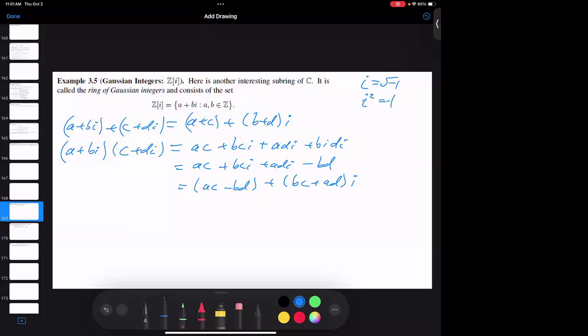What's the multiplicative identity? So additive identity is 0 plus 0i. Multiplicative identity, what do you think? 1 plus 0i. And so that would be the multiplicative identity.